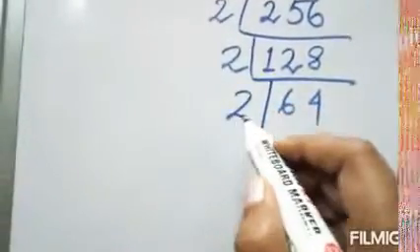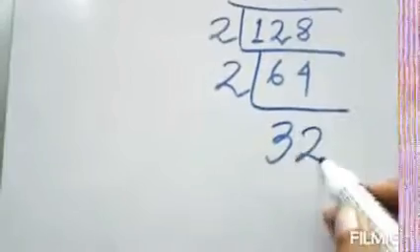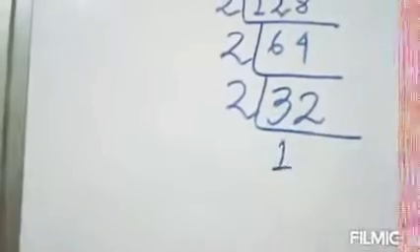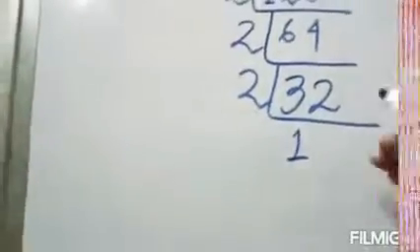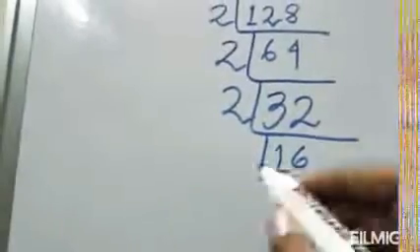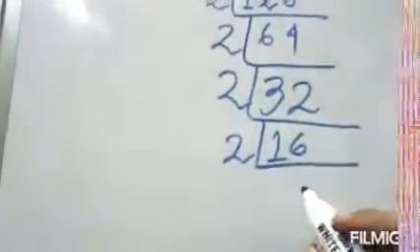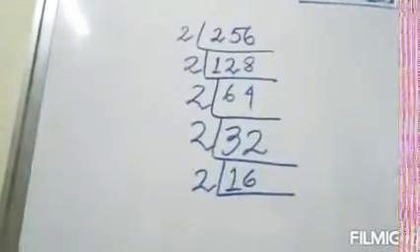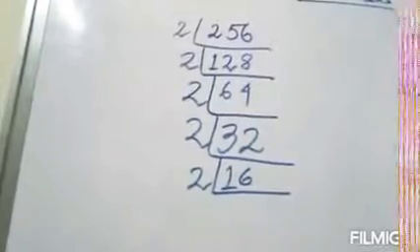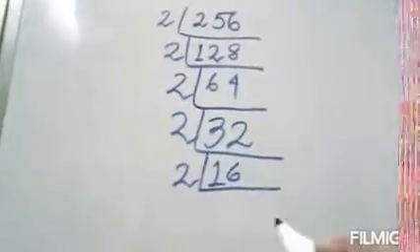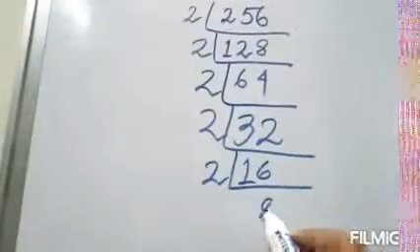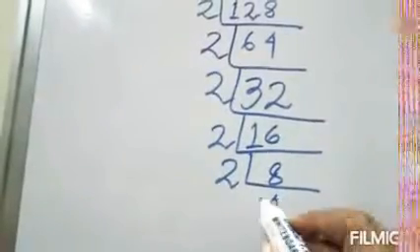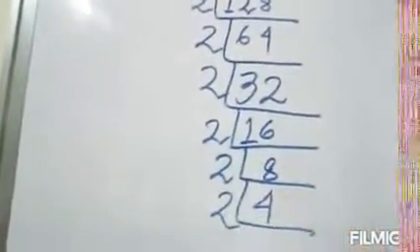Then again by 2, 32. Then again by 2, 16. Then again by 2, we get 8. See, 16 and 32 can all be divided by 4 or 8, but I am not using that. I am using only the prime numbers. So 8 again by 2 comes as 4, and again by 2, 2 2s are 4.